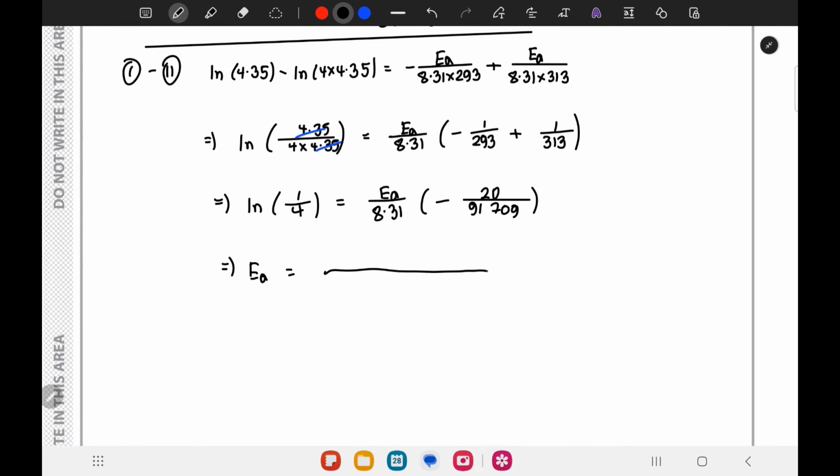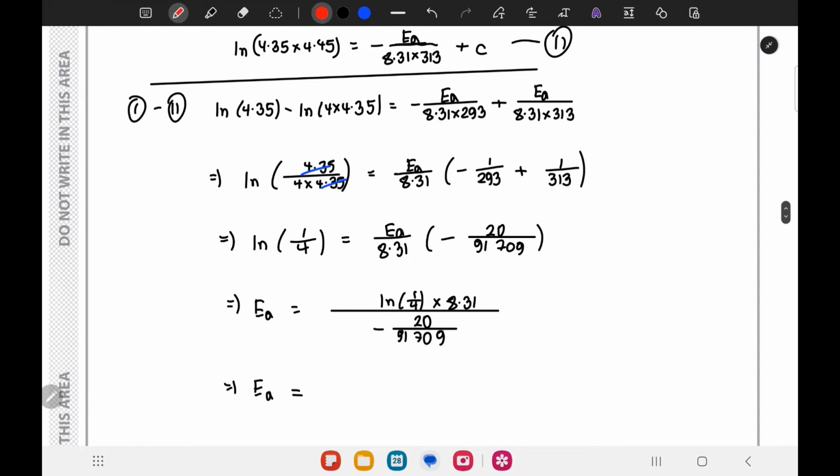This will be ln 1 by 4 multiplied by 8.31 divided by minus 20 divided by 91709. If I calculate this, the activation energy comes out to be, oh wait, it was 4.45. This was 4.45, not 4. This is ln 1 by 4.45.